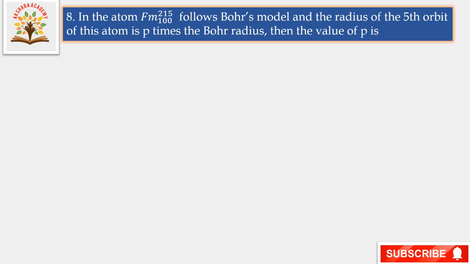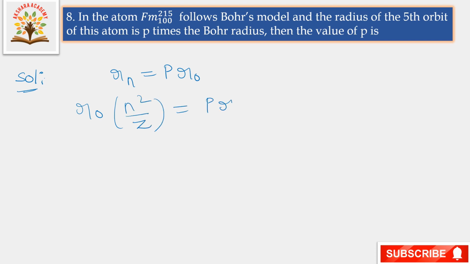Here they given that the radius of the fifth orbit of this atom is p times the Bohr radius. So Rn is equal to p r naught. Rn is nothing but r naught into n square by z, which is equal to p into r naught.